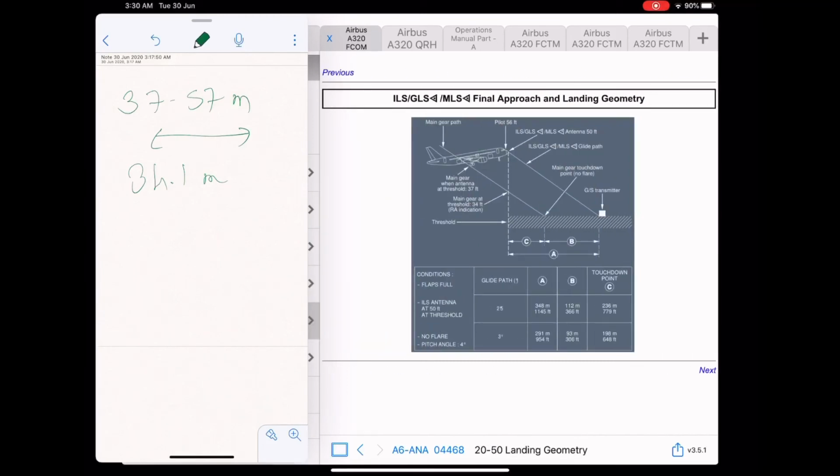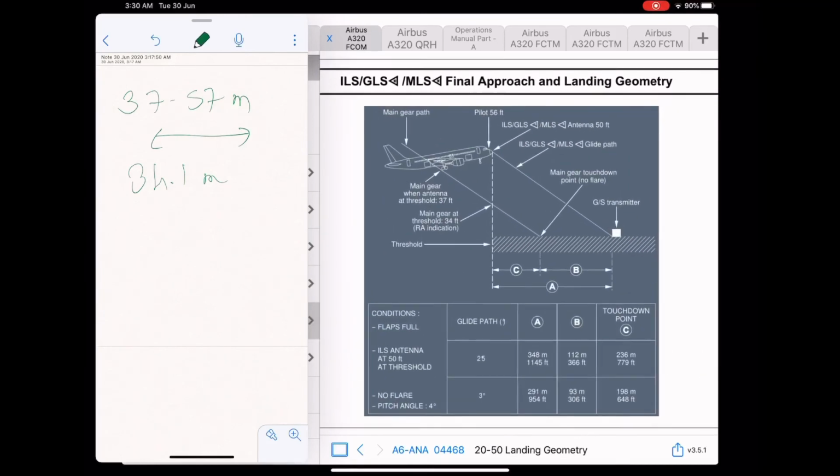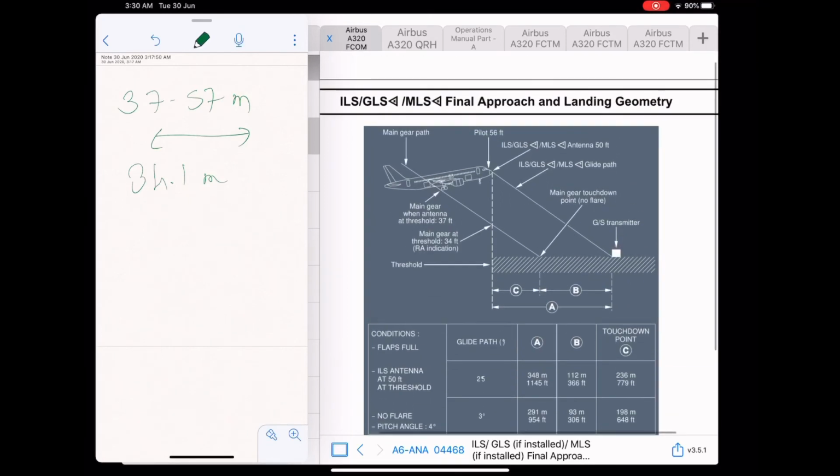This is about final approach and landing geometry. I'm not going to talk much about it, but it is largely talking about the glide path with various distances.